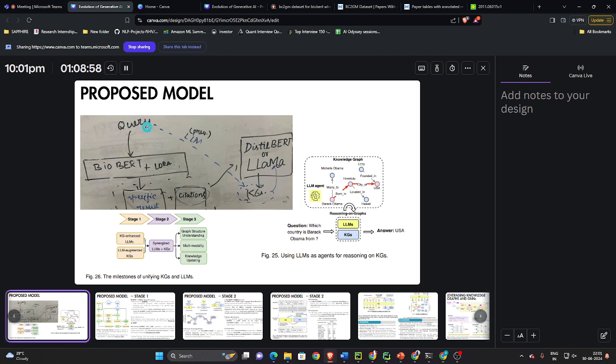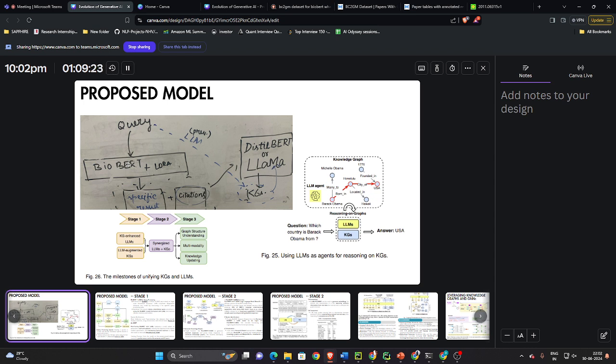What we propose is a two-stage architecture. The query would be passed into a BioBERT plus LoRA model. Whatever steps I have built, I'm trying to compose all of those into a composite architecture that we will be working on next.